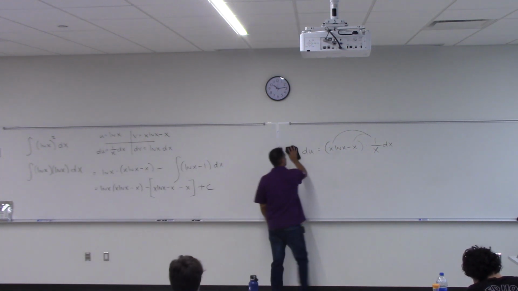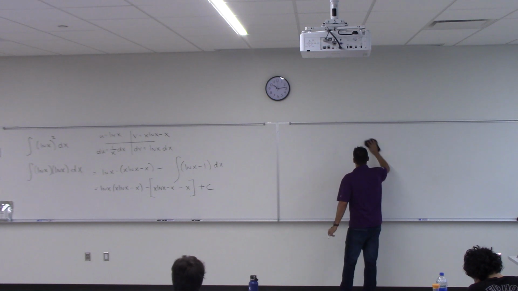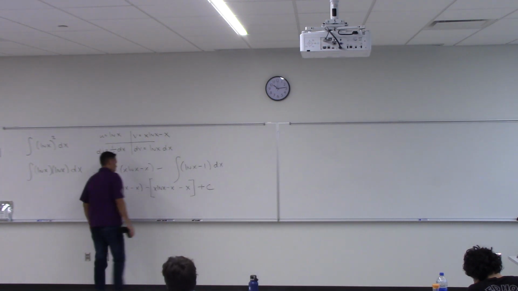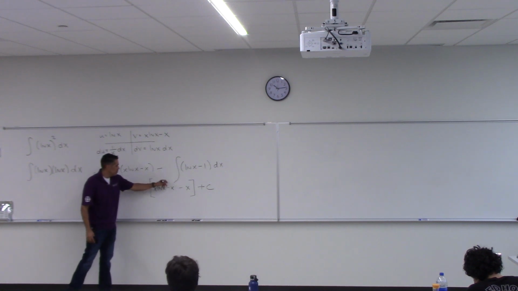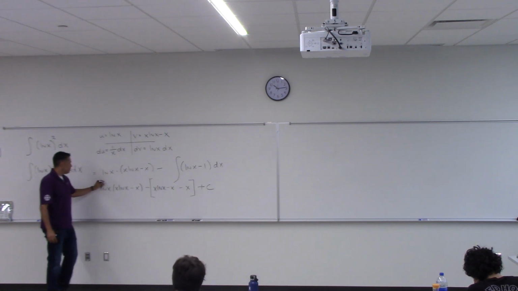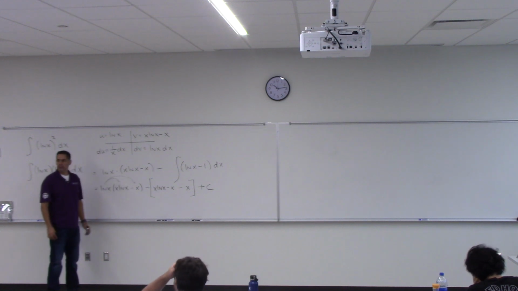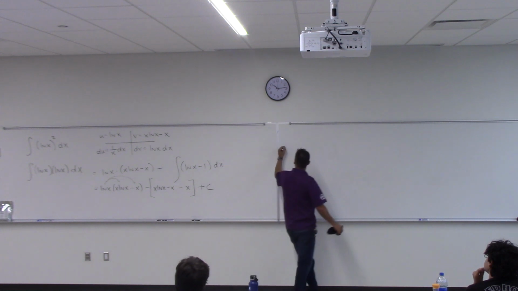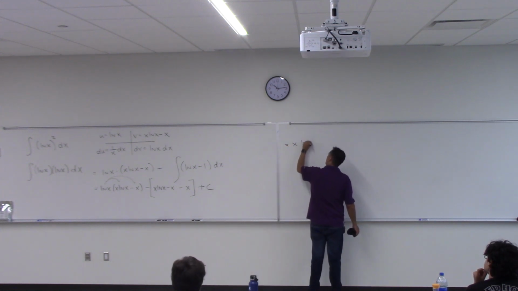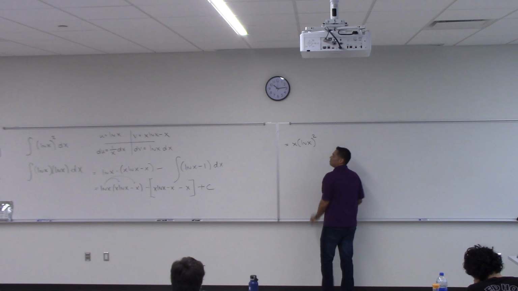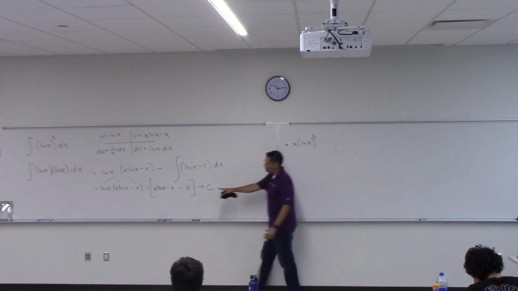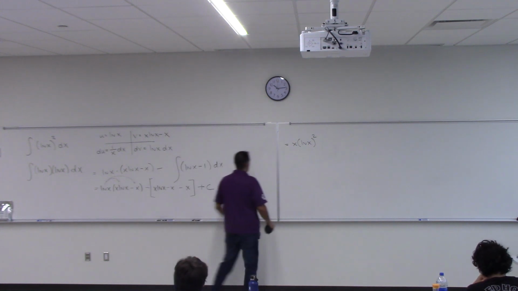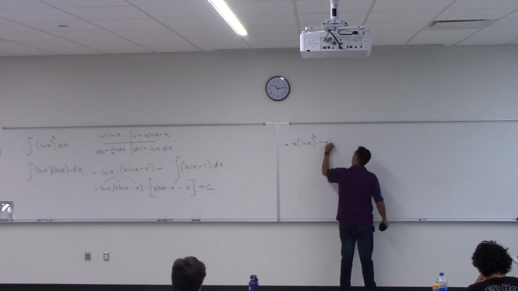Let's clean it up. I think that does clean up a little bit. What do I want to do here? I'm going to distribute the negative through, but I'm also going to distribute the natural log through. So my first term is going to become x natural log of x times itself, so x times natural log of x squared. That's this times this. And then I'm going to do natural log of x times negative x, so I get negative x natural log x.